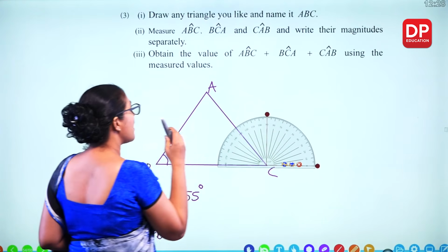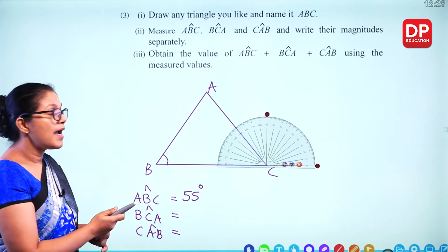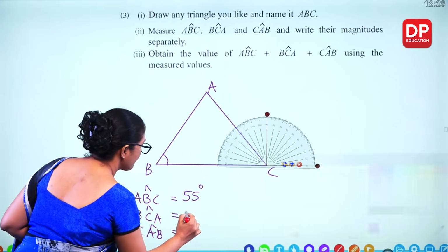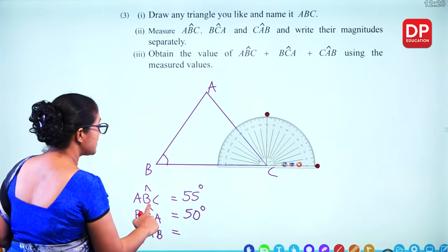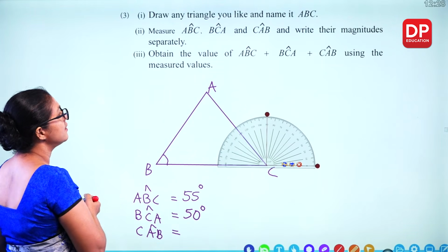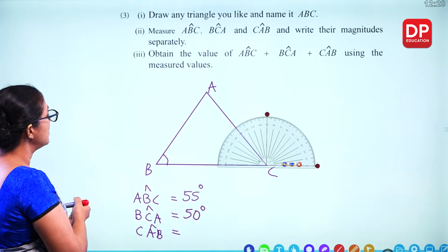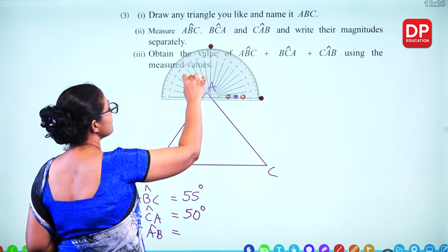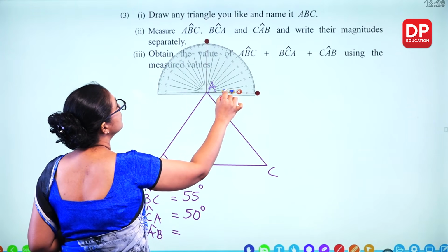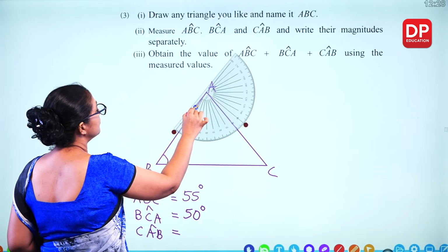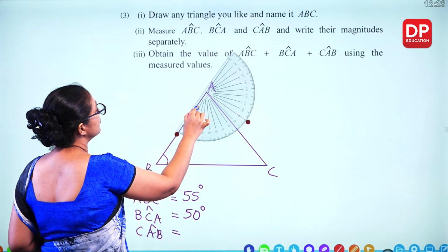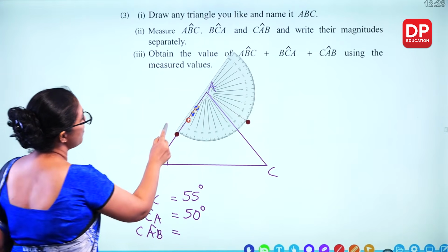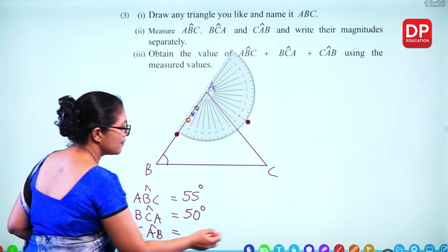From here, that's 130. So 180 minus 130, I'm getting 50 degrees. That's BCA angle. Now we'll measure CAB angle here. What's the angle? I'm getting from here to here 75.